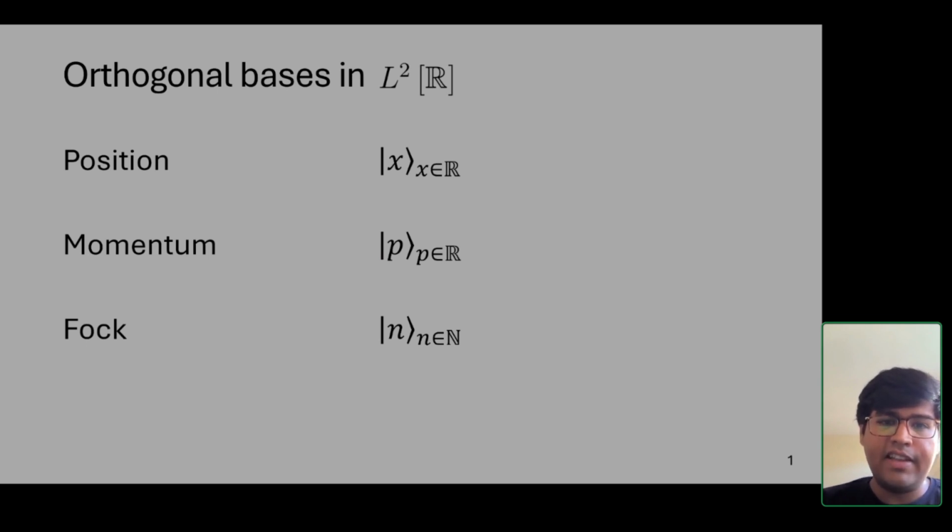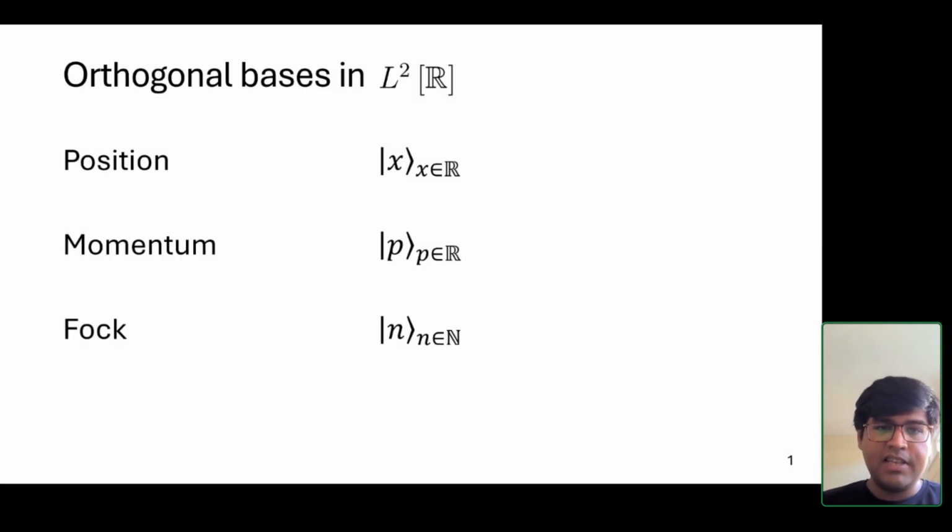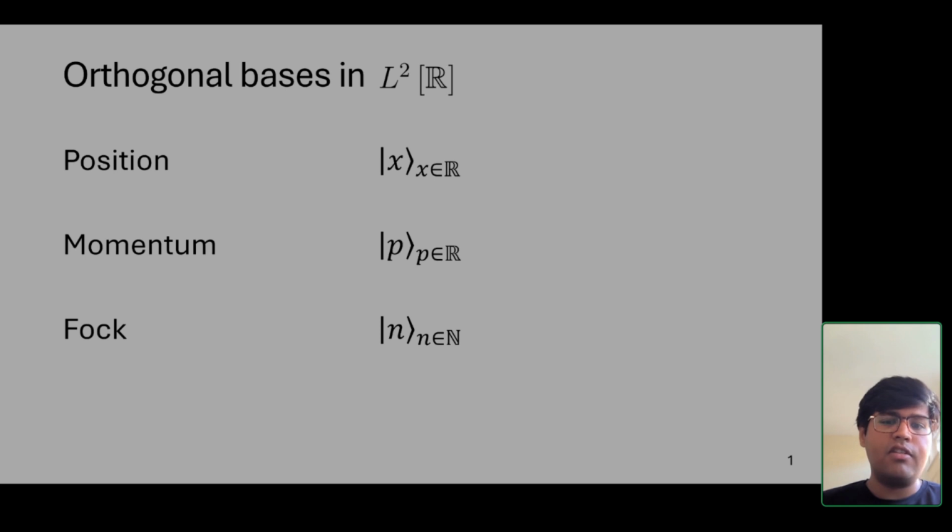If you take the Fourier transform of the position, we get the momentum basis, which we represent with ket p. Both of these bases are continuous, but we can also have the Fock basis, which is the discrete basis. Instead of position and momentum, which is the phase space picture, the Fock basis corresponds to the number of photons that you have in the system. There's also a relation between the continuous basis and the Fock basis that is given by Hermite polynomials, but we don't need to go into that.